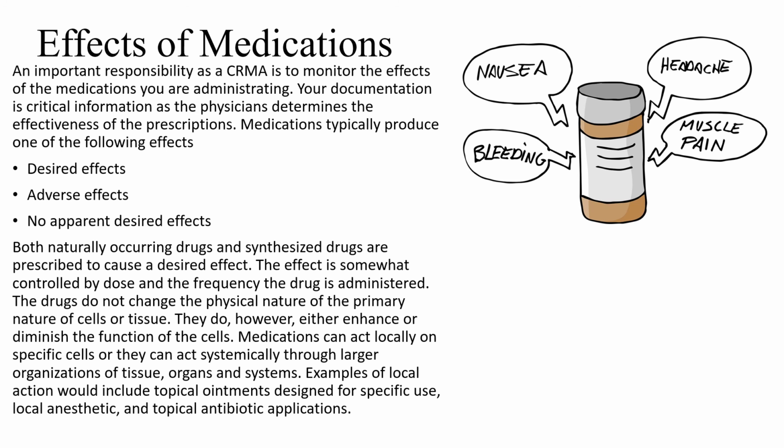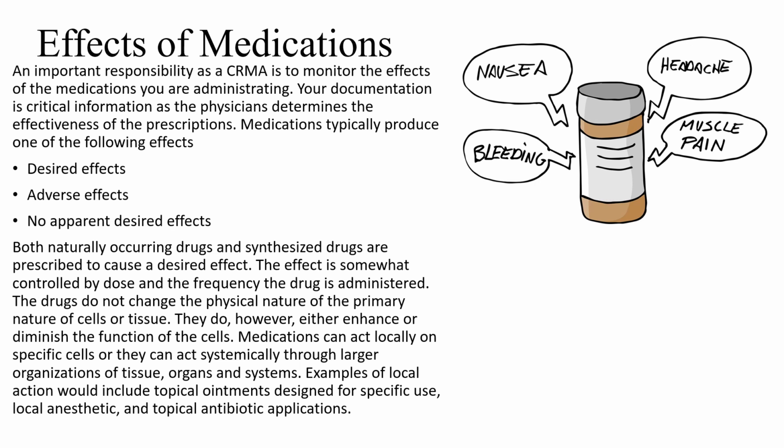So, effects of medication. An important responsibility as a CRMA is to monitor the effects of the medication you are administering. Your documentation is critical information, as the physician determines the effectiveness of the prescriptions. Medications typically produce one of the following effects: desired effects, adverse effects, no apparent desired effect. Both naturally occurring drugs and synthetic drugs are prescribed to cause a desired effect. The effect is somewhat controlled by dose and the frequency the drug is administered.